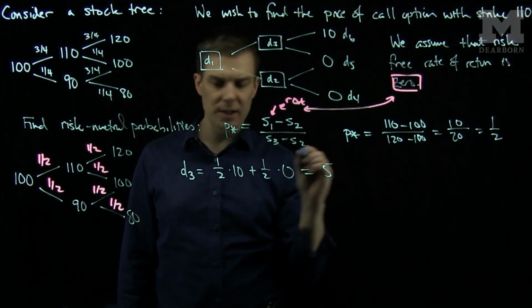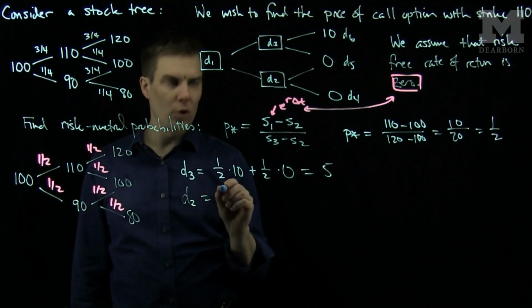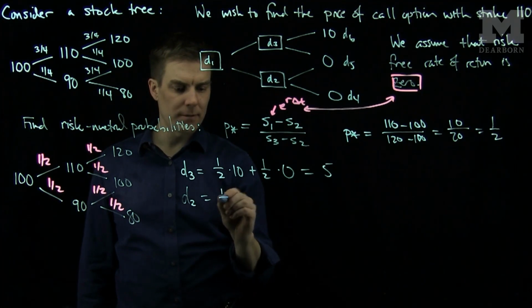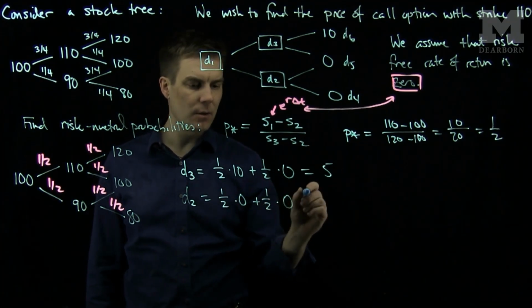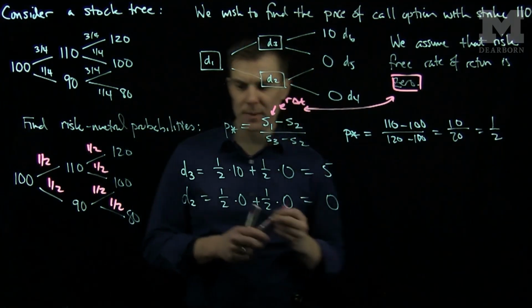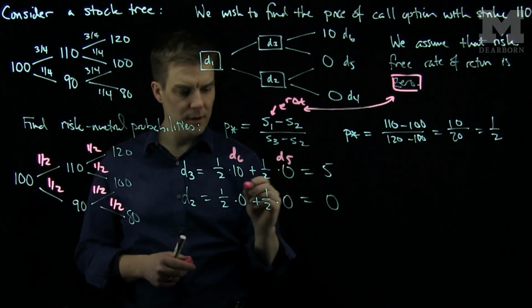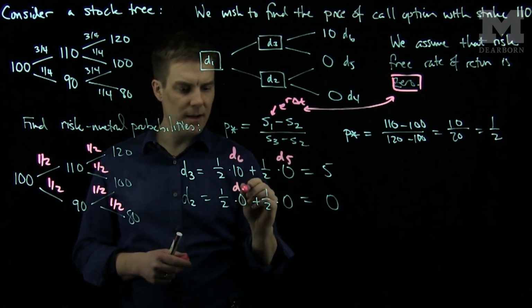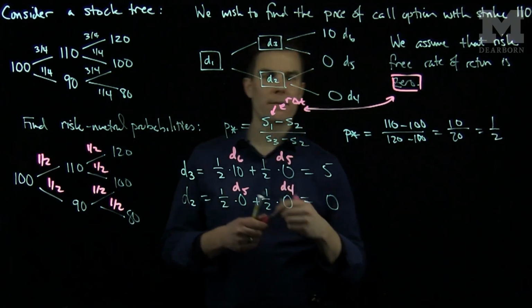So we see that D3 is equal to 5. D2 will be 1/2 of 0 plus 1/2 of 0, and that will just be 0. Note here that this is my D6, this is my D5, this is my D5, and this is my D4.